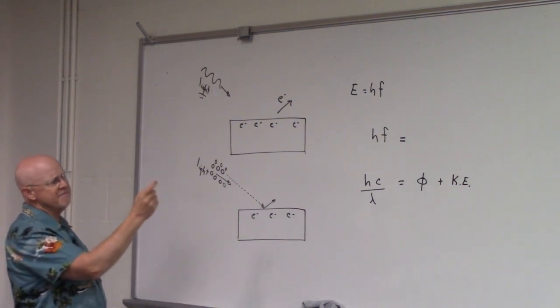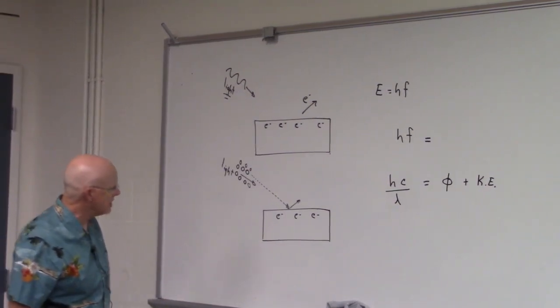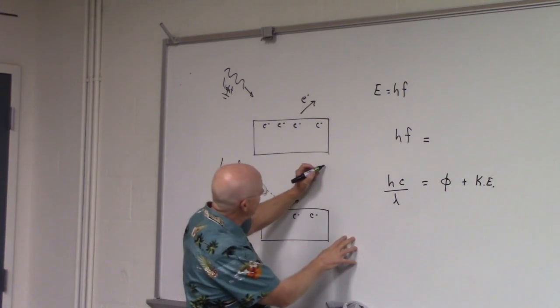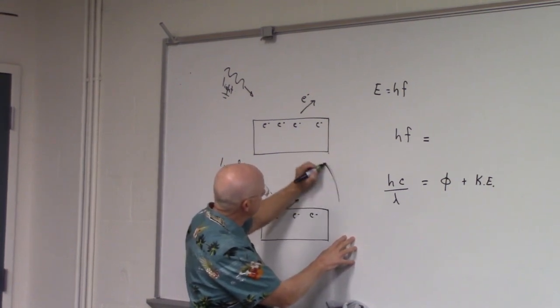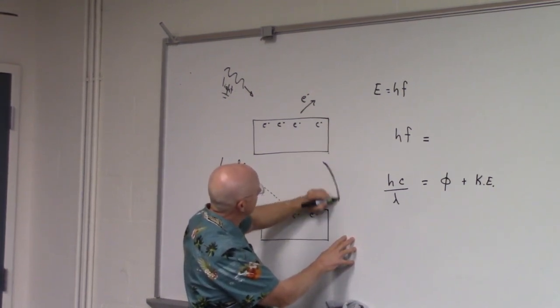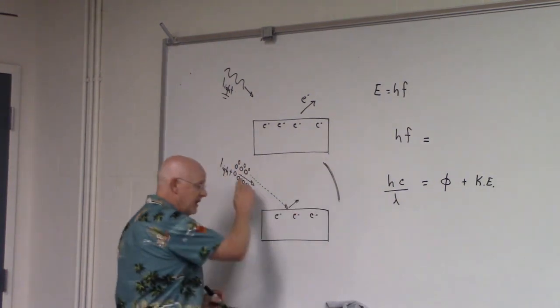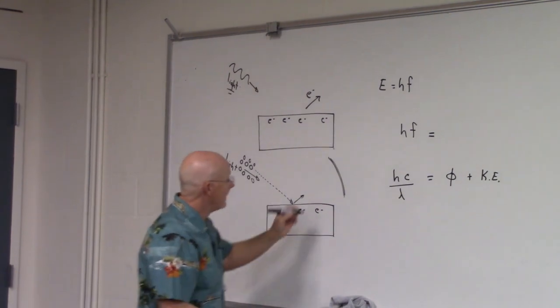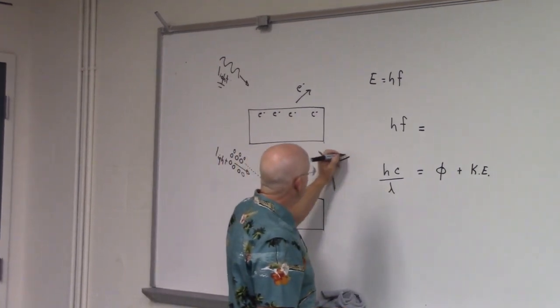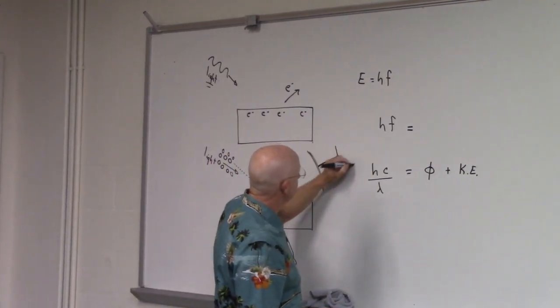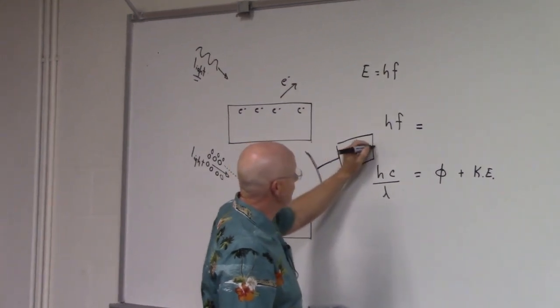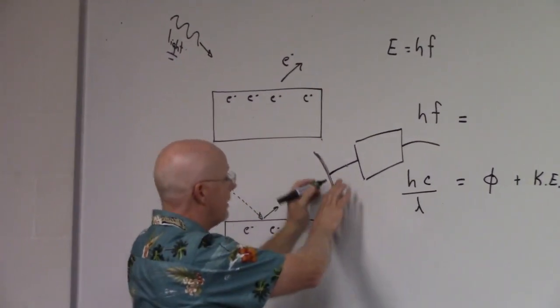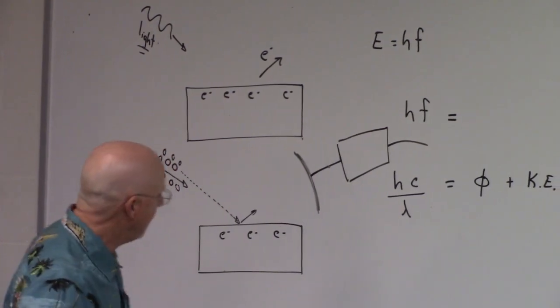The way we will measure those kinetic energies is we will put a metal plate right here. And so these ejected electrons are headed towards this plate. We'll put a little counter here that's going to say, okay, are there electrons coming?